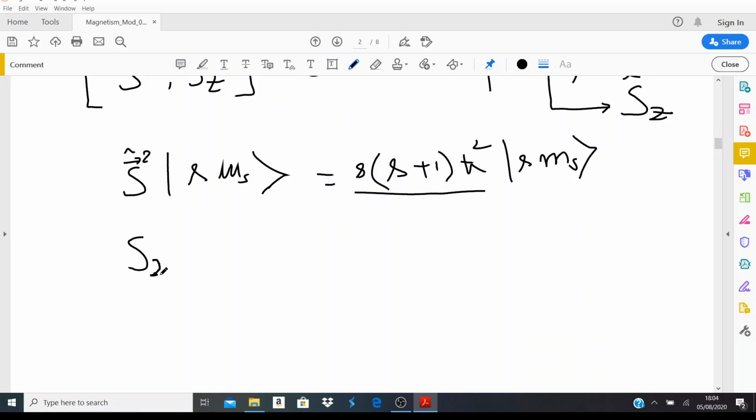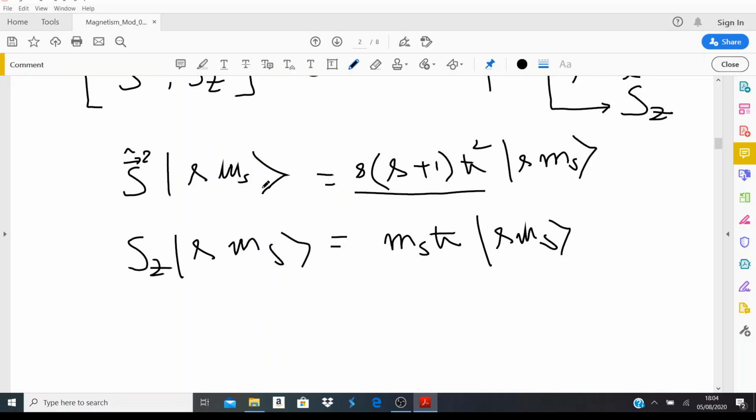And the Sz operator, when it operates on this state, will give you the number Ms times h bar times the same state, right? So from these two definitions, you can see that |S, Ms> is a common eigenstate for S square and Sz, but for S square the state has eigenvalue s(s+1) h bar square, and for Sz the eigenvalue is Ms times h bar, right?